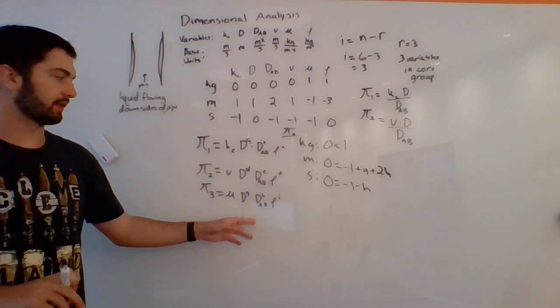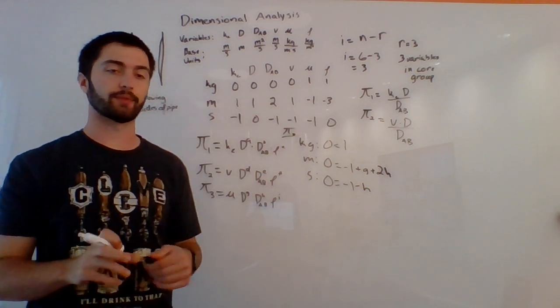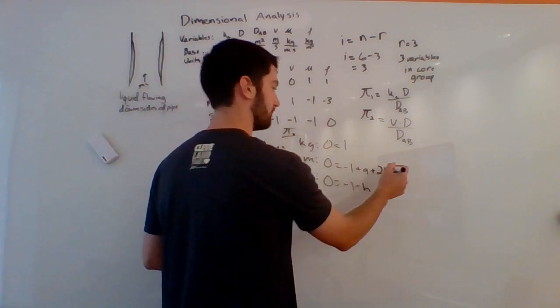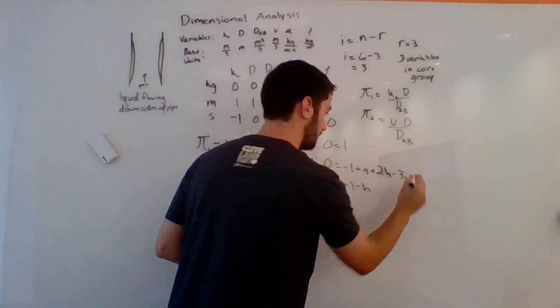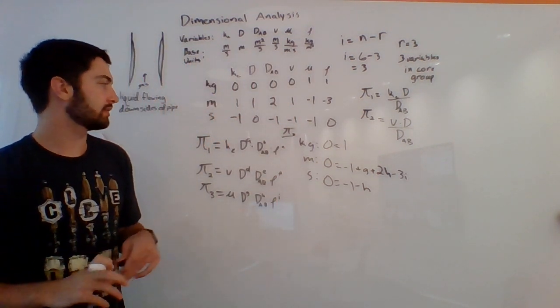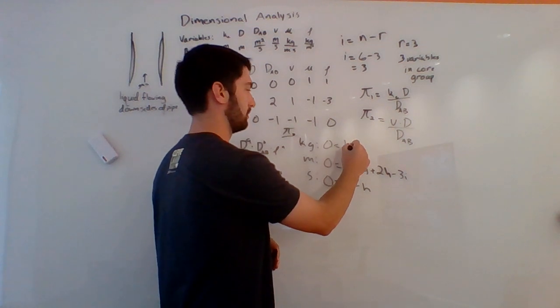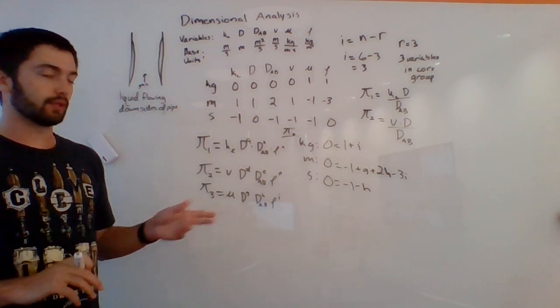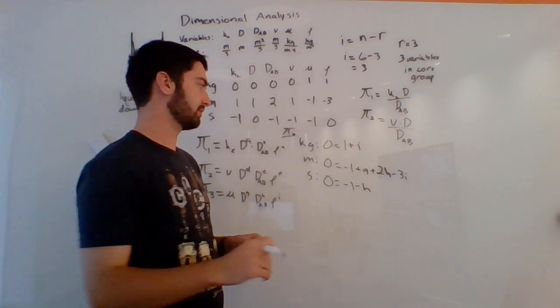And then we have density, which is kilograms per cubic meter. So we have minus 3i in our meters, and we have plus i in our kilograms.